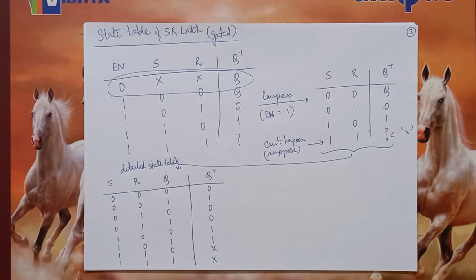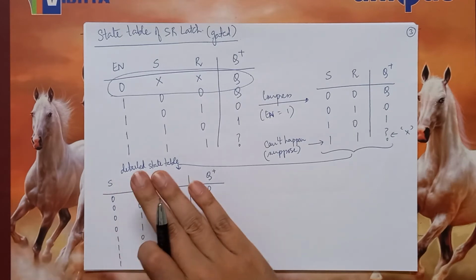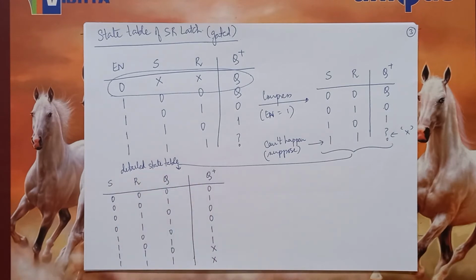Now, let us ask a converse question. Suppose we know what the present state is. That is, we know what the value of Q is. And there is some value in future that we want. That means we know what we want for Q plus.